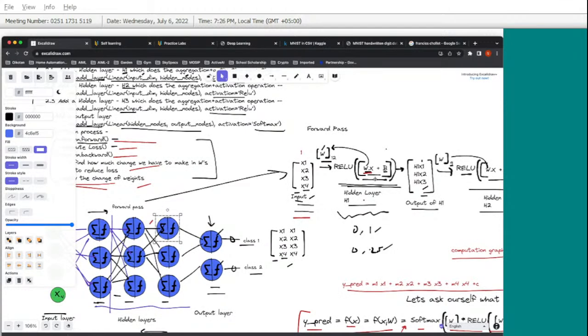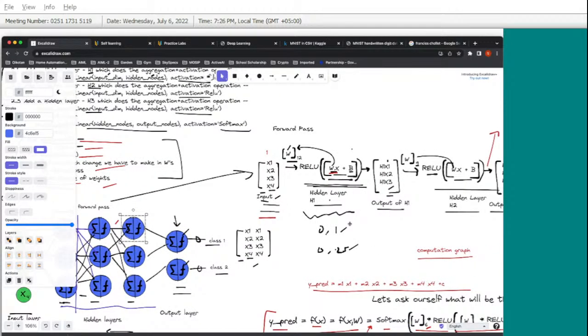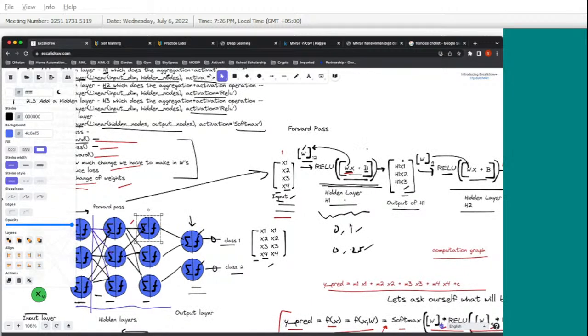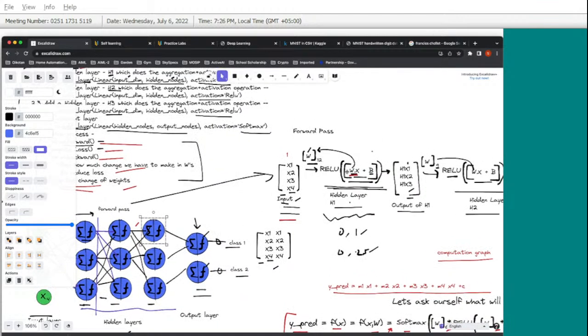You are doing multiplication and then addition. Though there is no square, think about it: if you have a really large value, your end value will also be extremely large. So we cannot allow it to go really big. We would want it to be within a certain range as well.